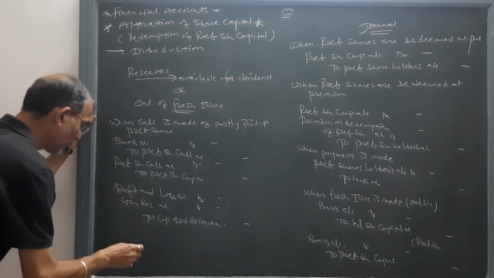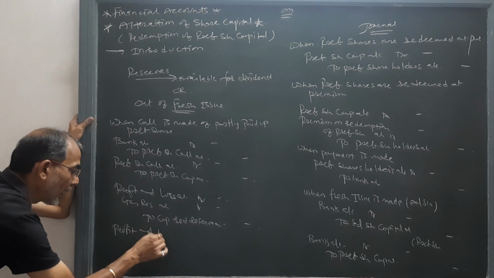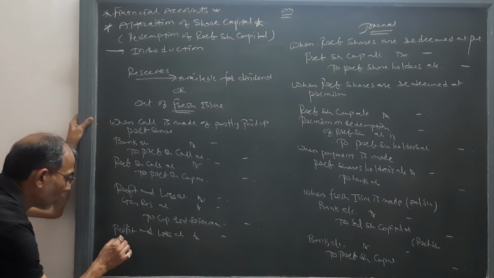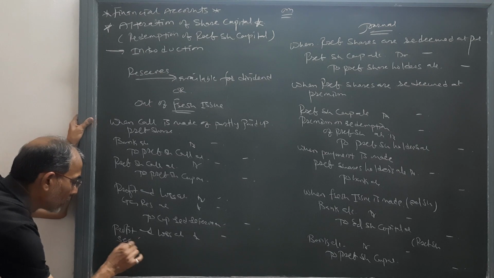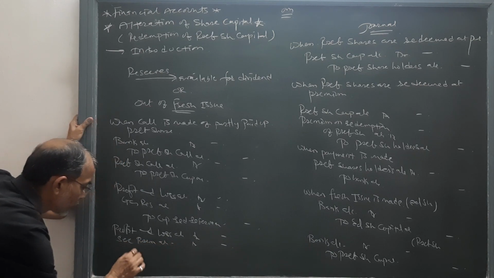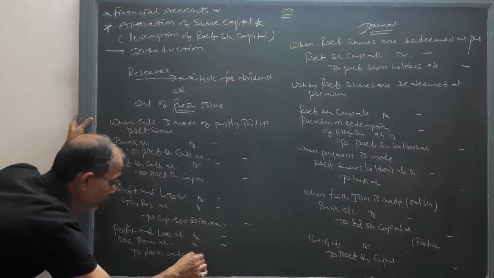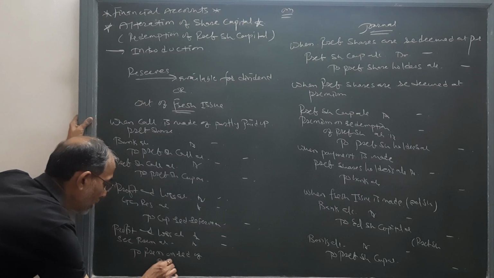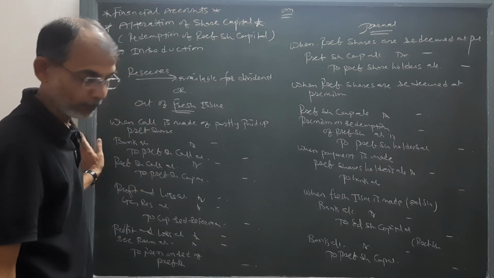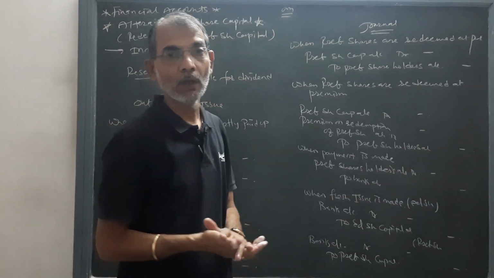For that the entry will be: profit and loss account debit or securities premium account debit to premium on redemption of preference share. That means this account must always be closed.